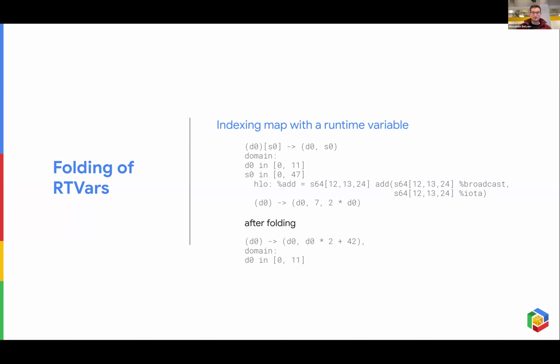For example, if you have eight GPUs and a huge HLO module, it will be split into 8 different ones, and it will introduce a dynamic value of the GPU ID. But you know the range: it goes from 0 to 7, closed interval, and you can use this information to simplify the indexing maps and potentially improve your analysis.